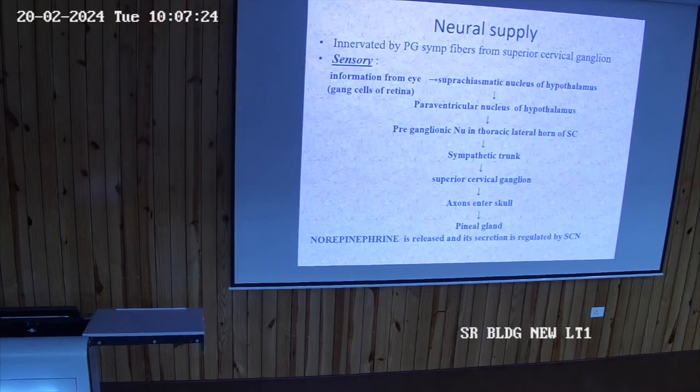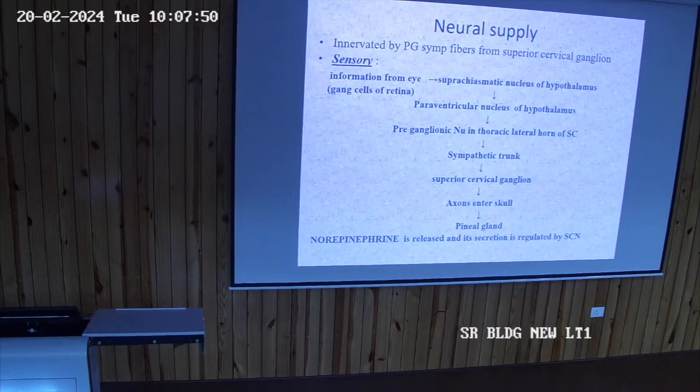Depending on the daylight or the darkness, the concentration of melatonin in the blood varies. This variation of melatonin concentration during the 24-hour cycle is mainly regulated by the sympathetic nervous system affecting the pineal gland, which releases norepinephrine.